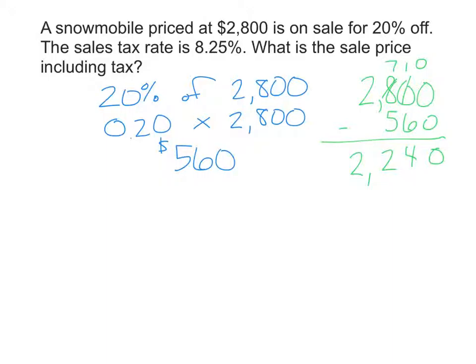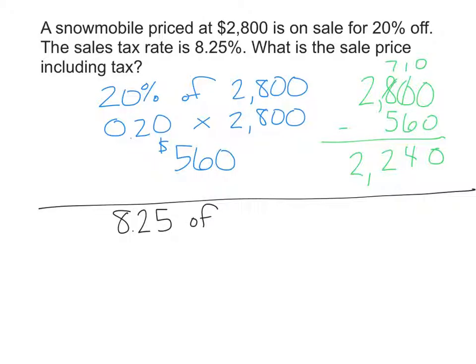But we're not done. If we look back, our problem says that there's a tax rate of 8.25%. So when we're dealing with tax, that means we need to add. So now I'm going to go down here, and I want to find the percentage, the tax rate, of my new price, my sale price.